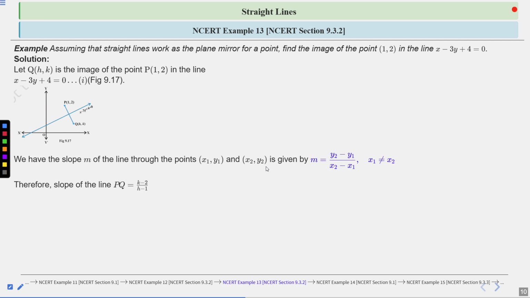So what is the slope of the line PQ? Therefore the slope of the line PQ is equal to k minus 2 divided by h minus 1. Easily we substitute the values of x1, y1 and x2, y2, and then we obtain the slope of the line PQ is k minus 2 divided by h minus 1.